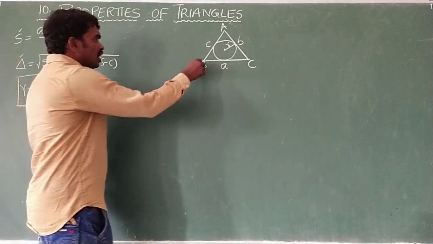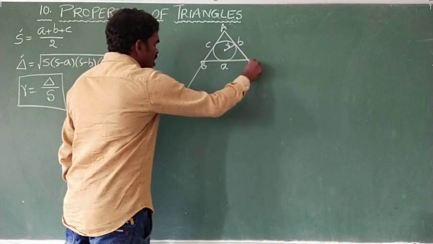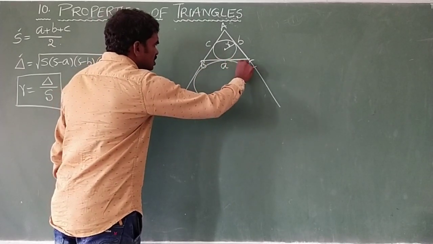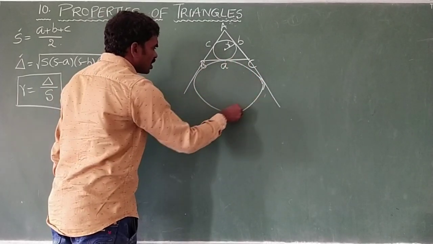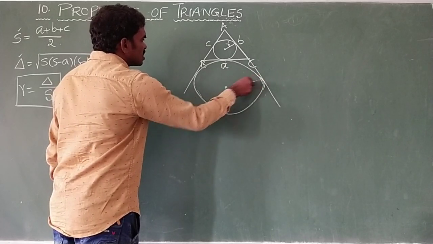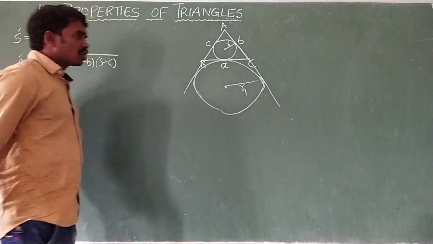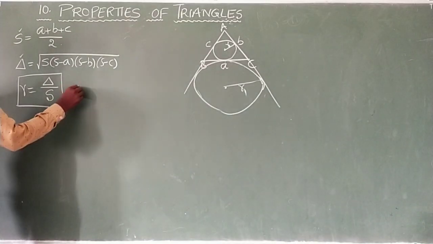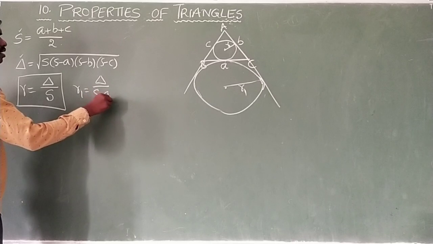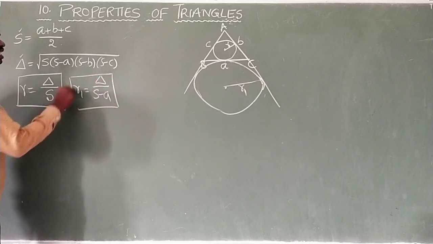And moreover, if you extend these sides and draw another circle, the radius is small r1. Now r1 can be taken as r1 equals delta by S minus a.